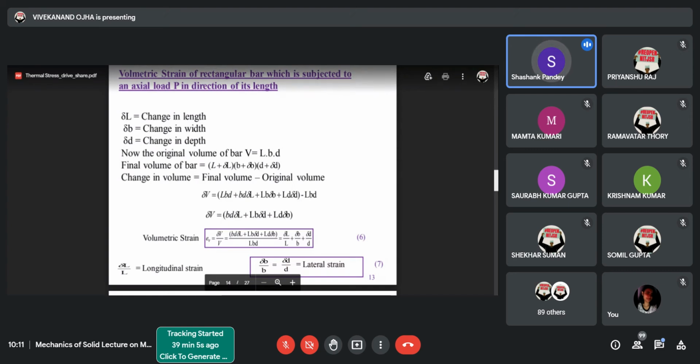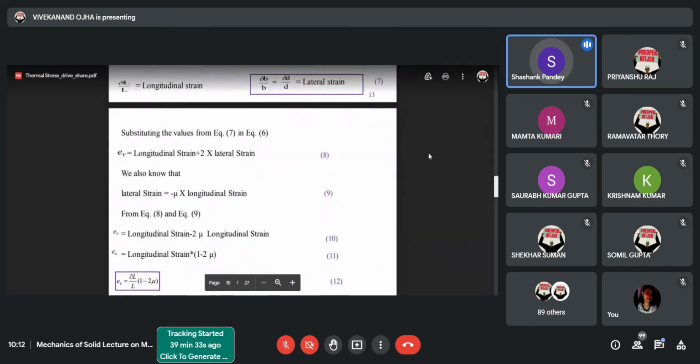So that's why we take del B upon B equal to del D upon D. And once you have this, we will substitute the values, taking care of the negative sign. So once we have all these values, we can work out the volumetric strain, that is del L upon L times 1 minus 2 mu, which is given by expression 12.